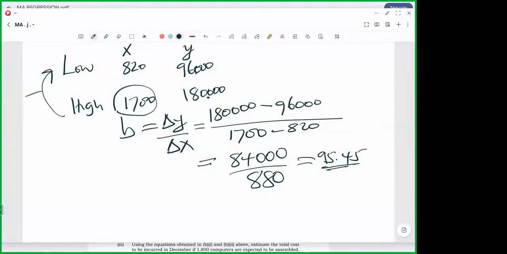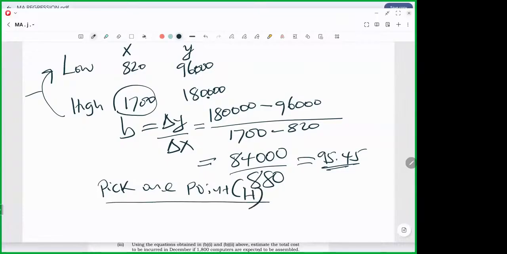Then can you kindly go ahead and give me the value of A? So pick one point, and remember, you can pick any. Let me pick the high this time around. Some people should pick the low. So the high, X is 1700 and Y is 180,000. And I know the value of B is 95.45.